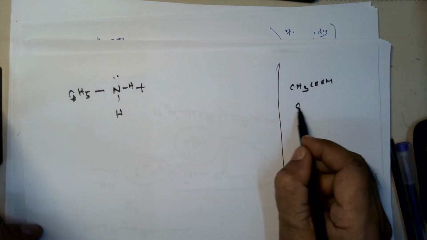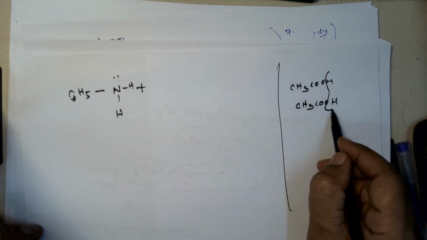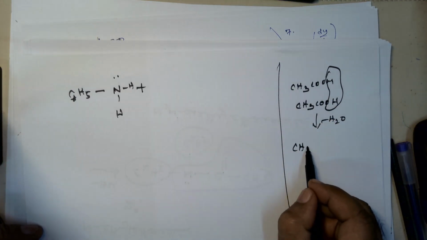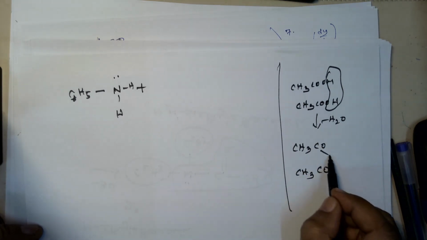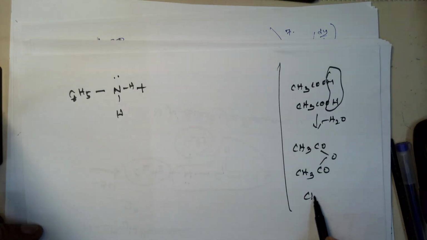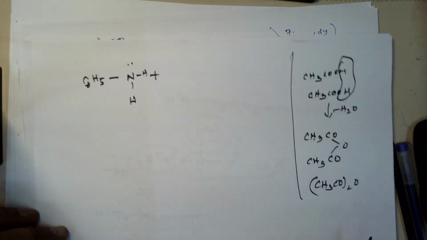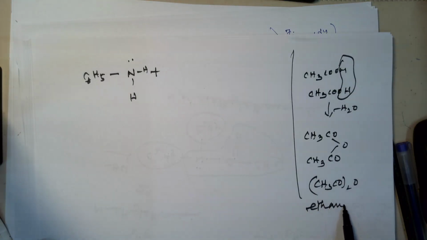CH3COOH, another molecule of CH3COOH, and when a water molecule is removed here, you are able to get CH3CO, O, COCH3. So this can be written as (CH3CO)2O. So what do you call it? Acetic anhydride. What is the IUPAC name? Ethanoic anhydride.